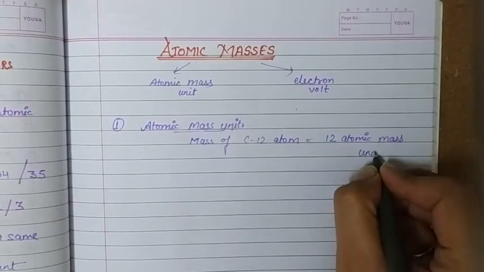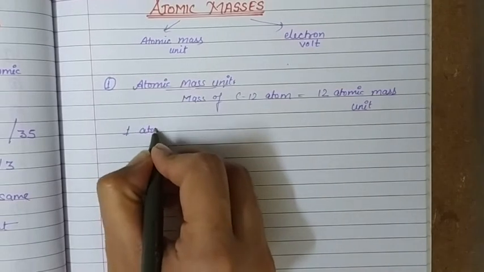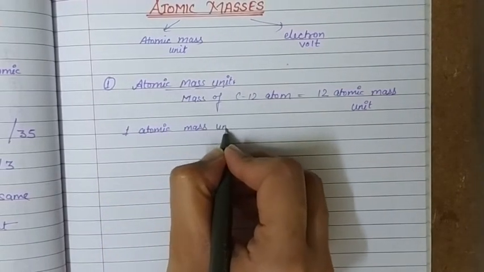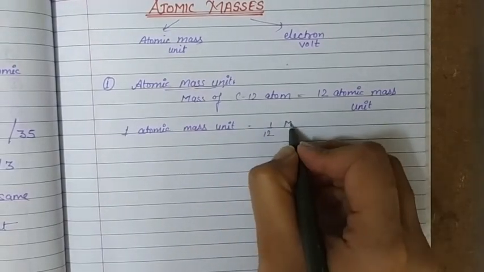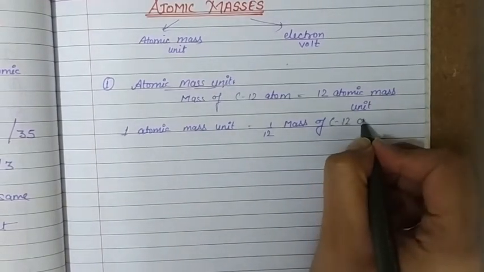and according to that, if we rearrange this, we get 1 atomic mass unit is equal to 1 upon 12 mass of carbon 12 atom.